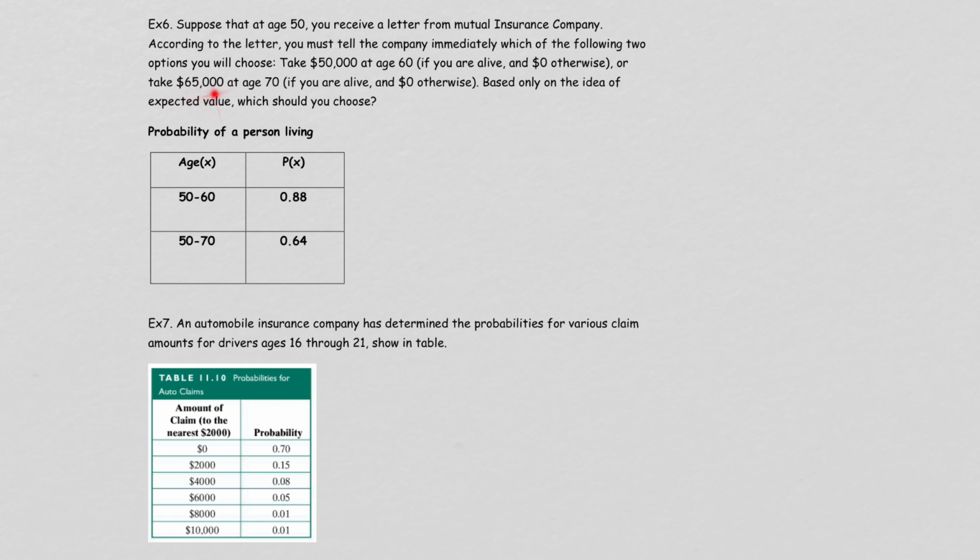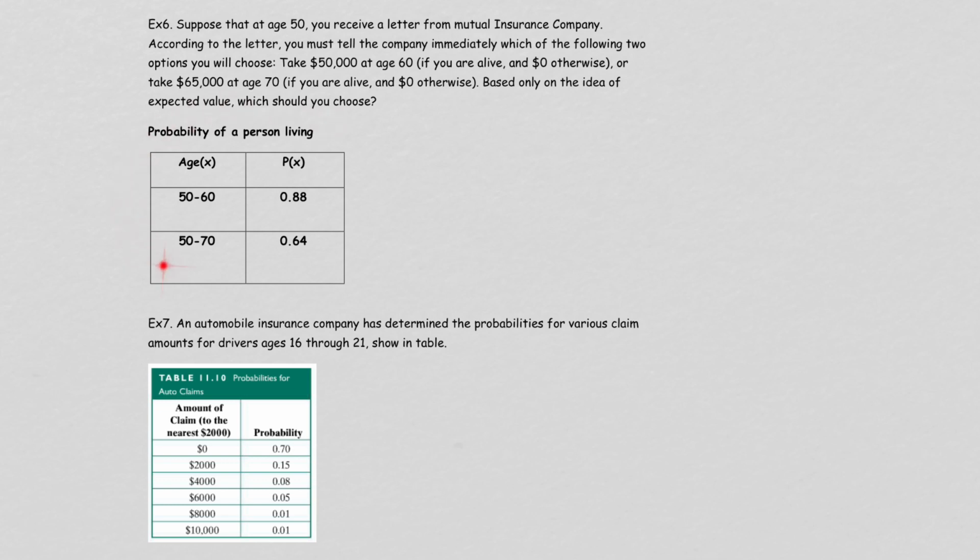Or take $65,000 at age 70 if you're alive and $0 otherwise. Based only on the idea of expected value, which should you choose? So not just picking what you like, but you want to use the expected value to decide which one. So how are we going to find the expected value?